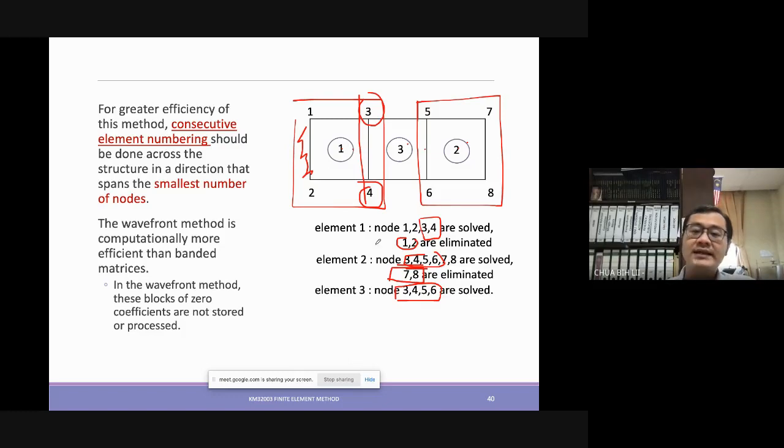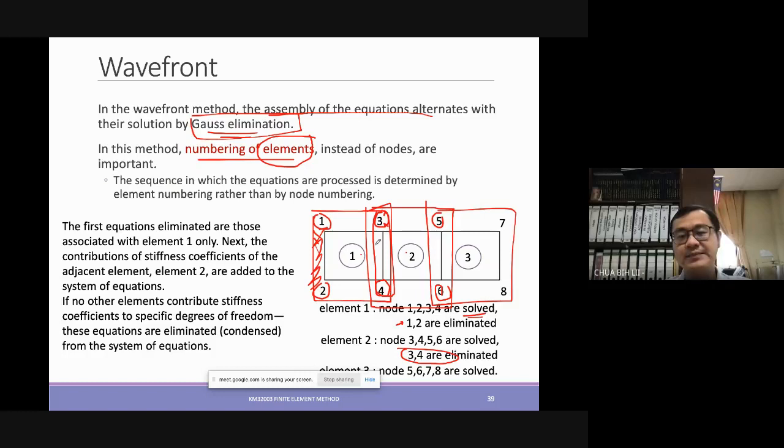This is why the wavefront is a method where you tell the computer which one to solve first. If you number in this way, then you get this solved first, this one can be solved next, and so on, right?